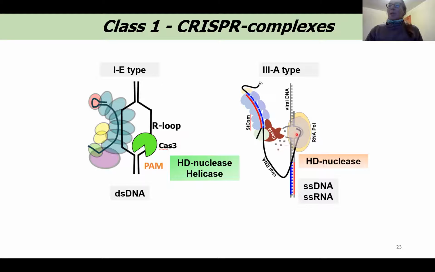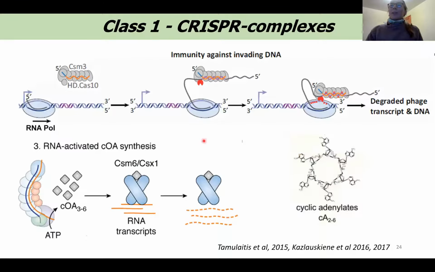So this is a very complicated complex, and it has an additional activity. It cleaves the transcript, it cleaves single-stranded DNA, and then it synthesizes a very unique signaling molecule called cyclic oligoadenylate. After the complex binds the target, it synthesizes this cyclic oligoadenylate signal.